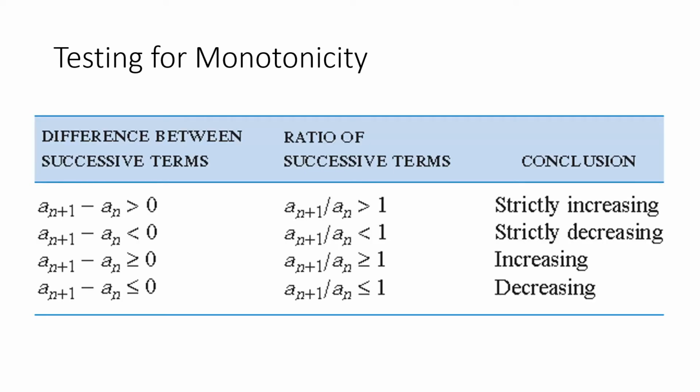If the difference is greater than or equal to 0, or the ratio is greater than or equal to 1, then that's increasing. And if the difference is less than or equal to 0, or the ratio is less than or equal to 1, then that is decreasing.